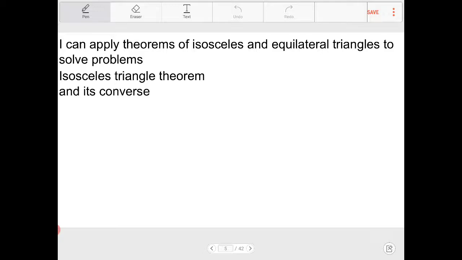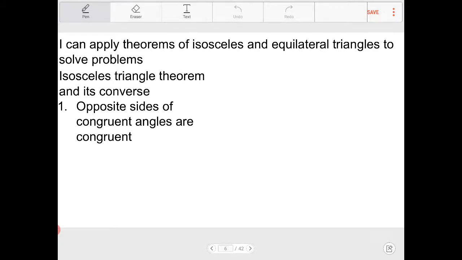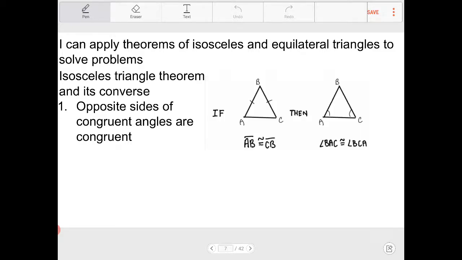The isosceles triangle theorem and its converse go like this. Opposite angles of congruent sides are congruent. So if two sides of a triangle are congruent, then their base angles are going to be congruent.